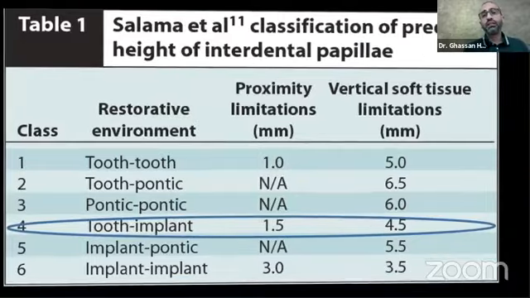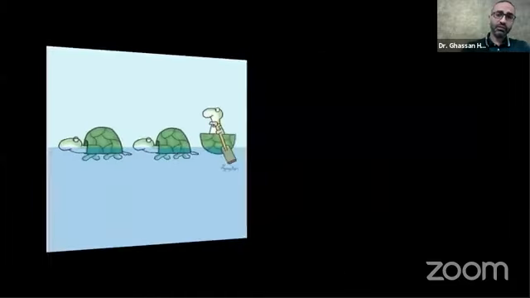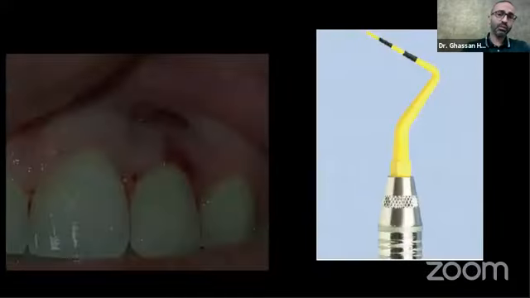So in this case, I decided to think outside the box and try to preserve this implant and treat it in another way. I started by using my plastic probe to measure the probing depth.